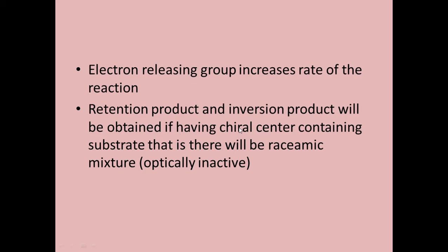If we have a chiral center in the substrate, then we will get a racemic mixture, because one will be the retention product, one will be the inversion product, right? And if there is no chiral center, there will be no racemic mixture, right?